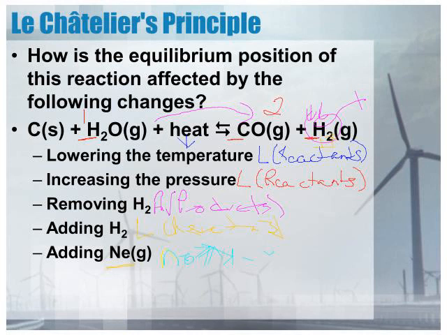If you decrease the pressure, meaning you're increasing your volume, then it goes to the side with more moles, because you can have more molecules bouncing against the walls of the container. And again, if you add a solid, liquid, or inert gas, meaning noble gas, then you will have no effect on the reaction whatsoever. It'll just maintain whatever equilibrium state it was in.